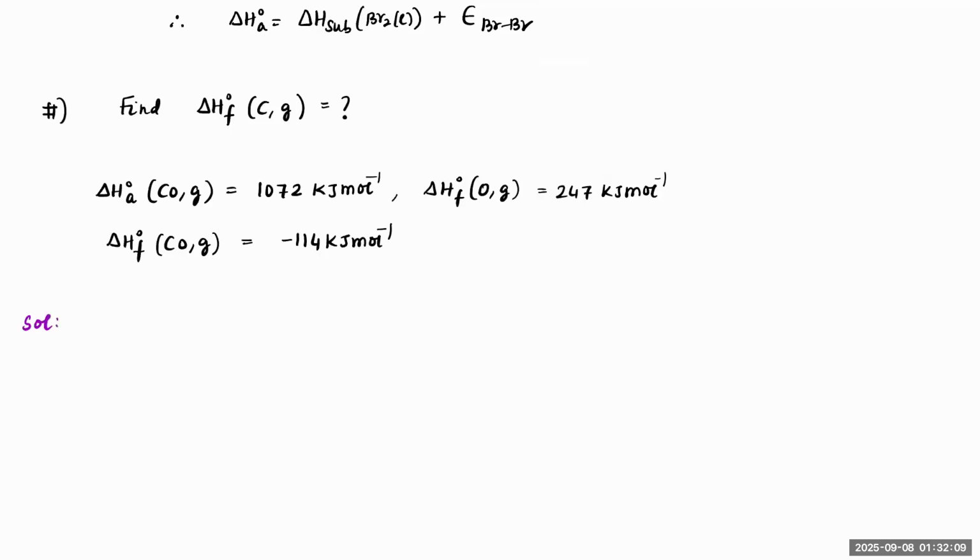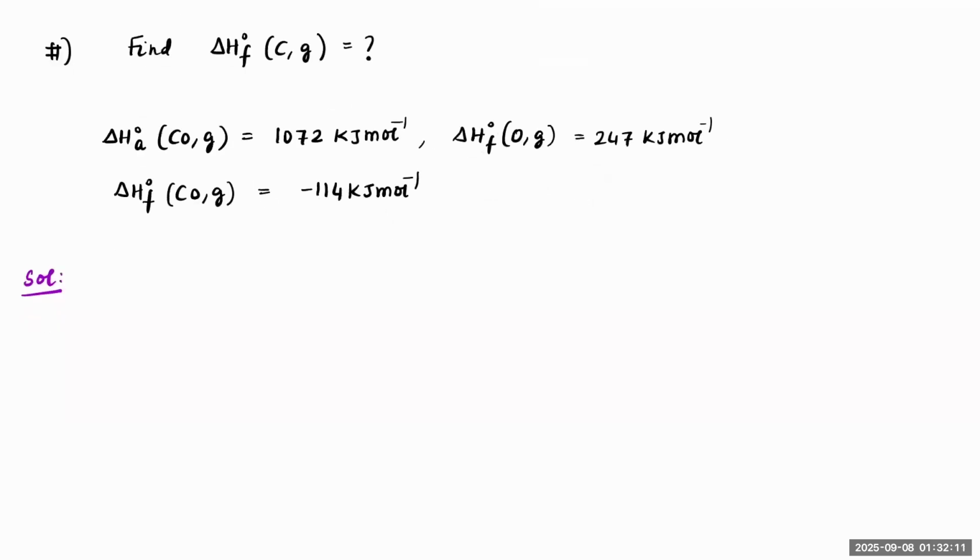Every time this kind of question is given, first try to write down the given data in terms of chemical equations. That will make it very easy. So this is given: atomization of carbon monoxide. So check out, CO gas is converting into C gas plus O gas.